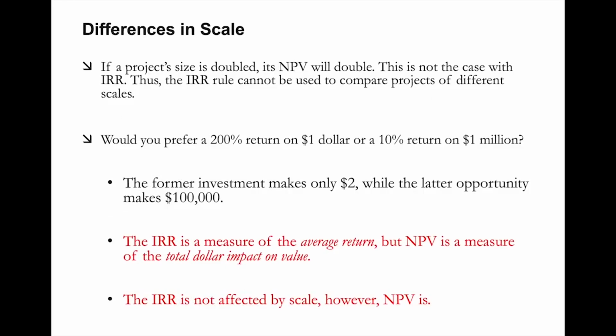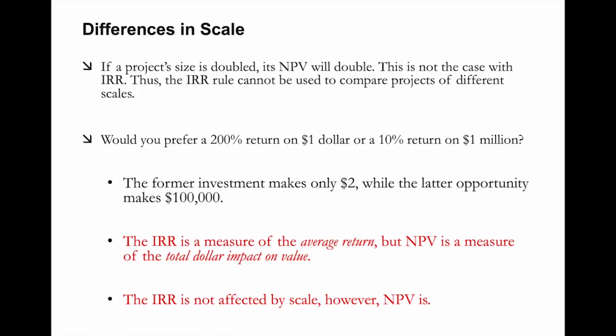So to put that in an example, let's have a look at the differences in scale. For mutually exclusive projects, we need to consider the size of these alternatives. Because the internal rate of return is a measure of return, it doesn't tell us anything about the size of the projects. To put this in a very simple example, would you prefer 200% on $1 or 10% on $1 million?